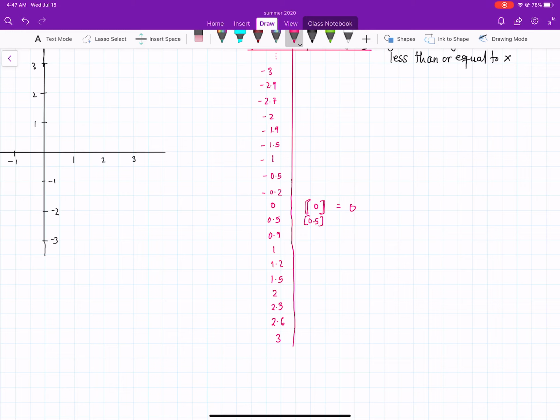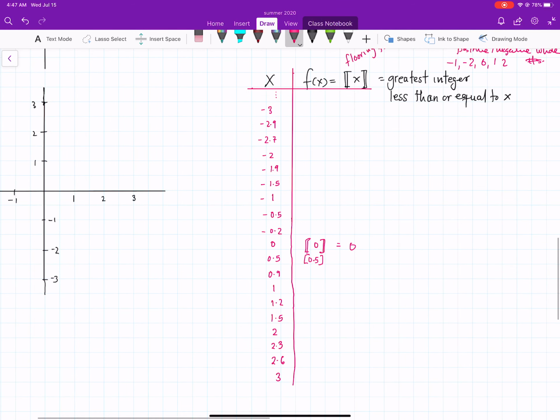We're looking at the greatest integer that is less than or equal. So when you look at an integer that is less than or equal to 0.5, that integer is what? It is still 0, because 0 is an integer that is less than 0.5.